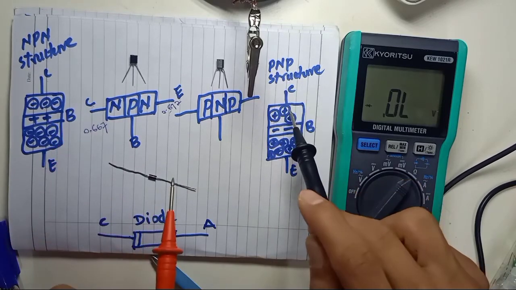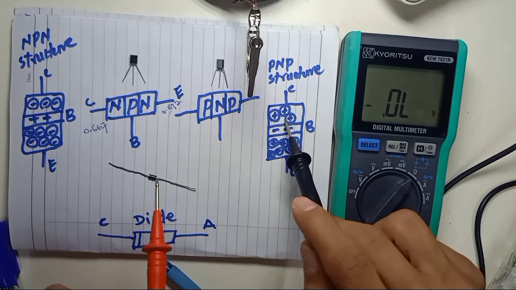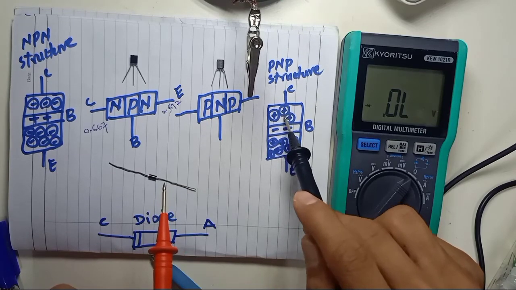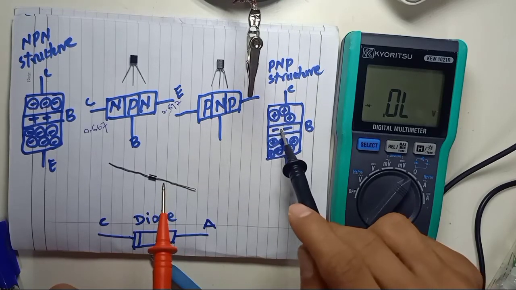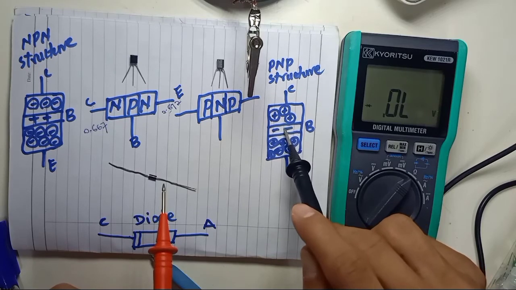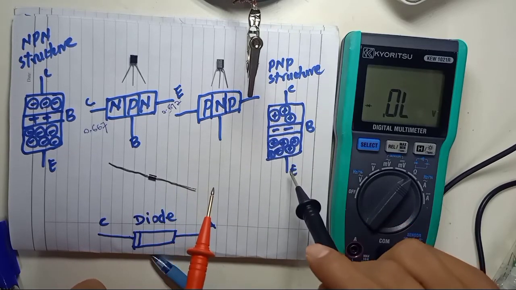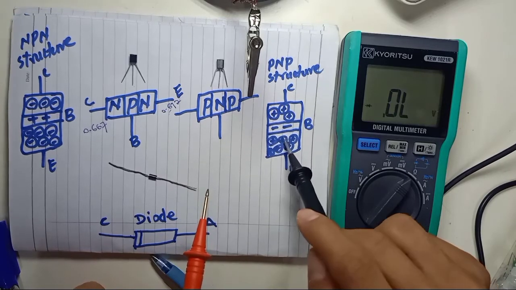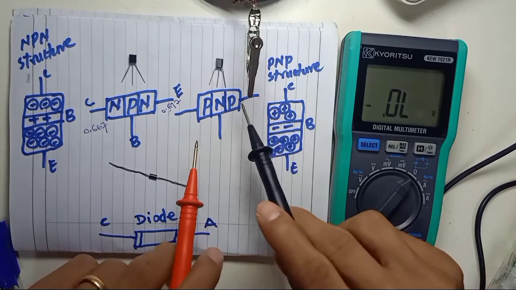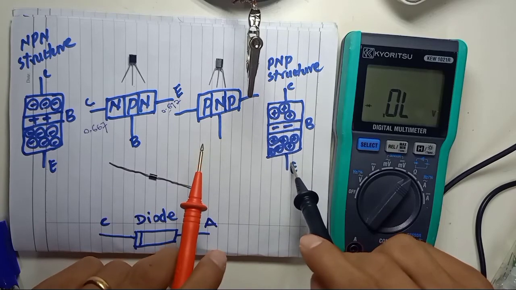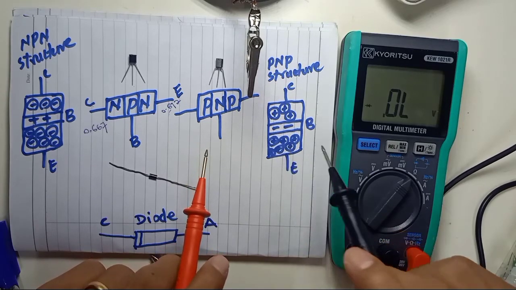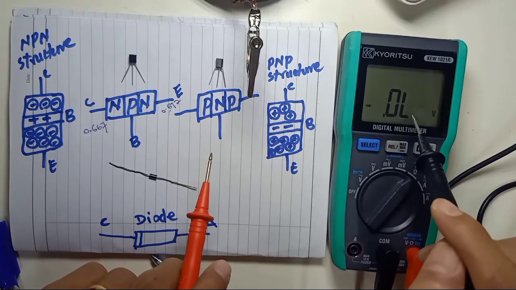For PNP, same as the first way: the collector is lightly doped, and in the middle is the N junction. The emitter is P, and heavily doped. So once you have a reading, the emitter side should be heavily doped and should give a higher reading on your multimeter.